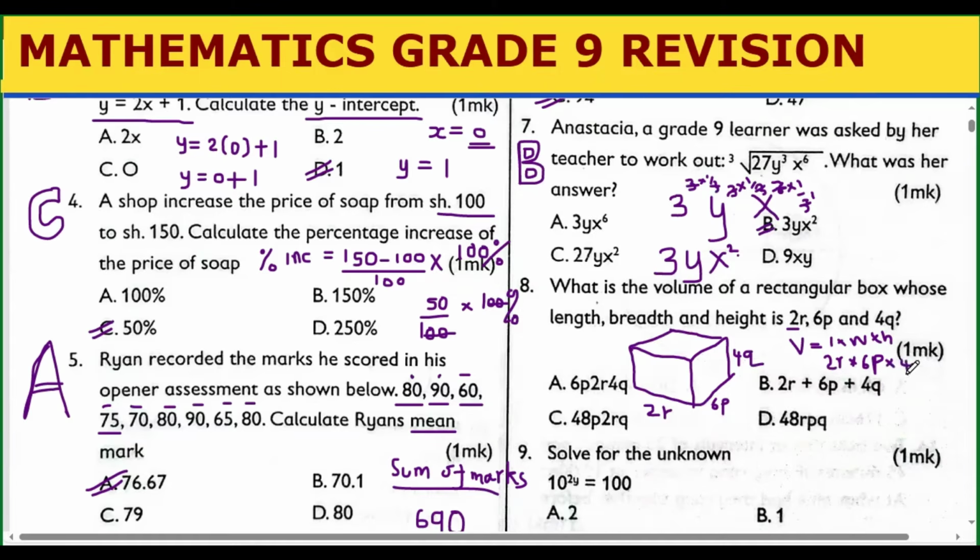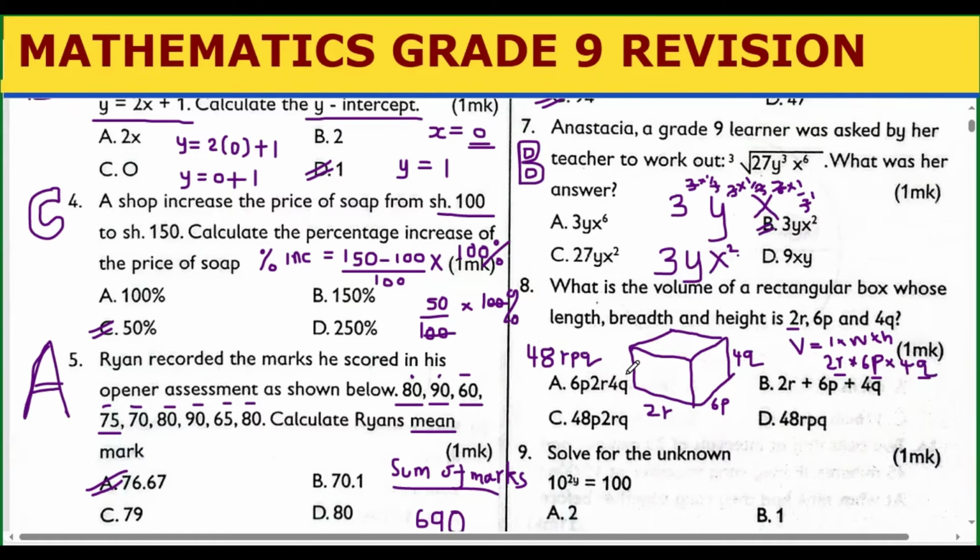In fact, just get the product of the numbers and then you just add the letters. So 2 times 6 is 12, 12 times 4 is 48. So you write 48, then R, P, Q. And this is the volume of that shape.